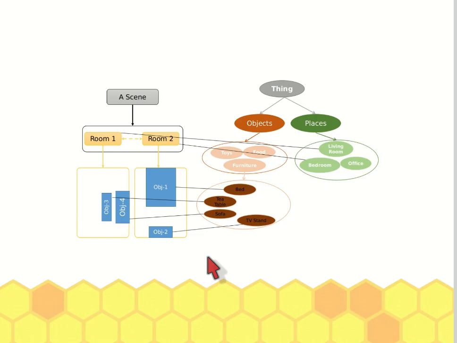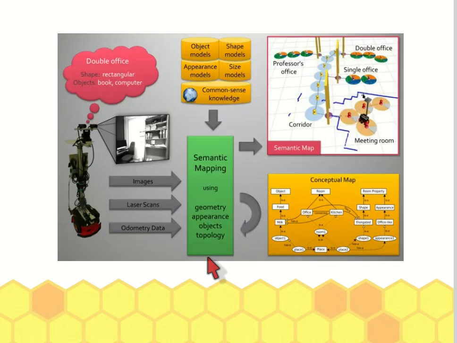This one is in room 1, and then in room 2 you have object 1 and object 2, and they fall under the category of thing, which is one is object and the other one is places. So this is how you represent the environment using topological map.